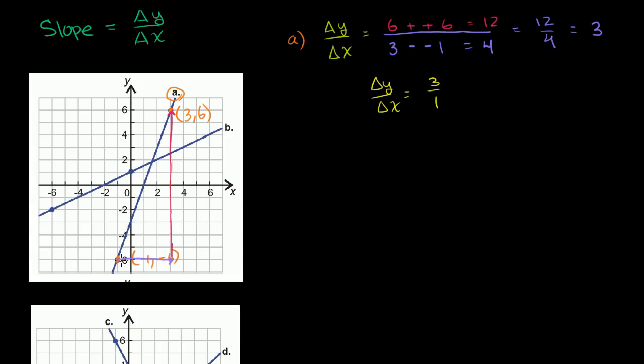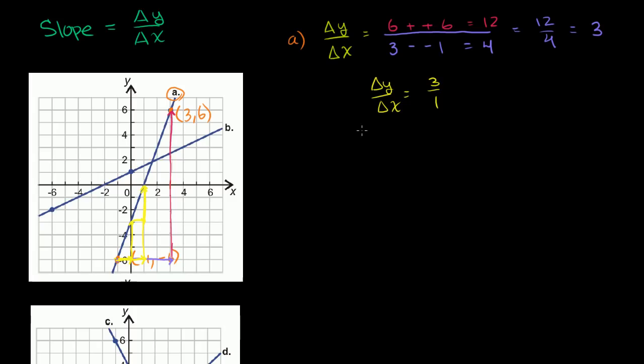You can see that. When we moved 1 in the x, we moved up 3 in the y. If you move 2 in the x direction, you're going to move 6 in the y. 6 over 2 is the same thing as 3. So this 3 tells us how quickly do we go up as we increase x.